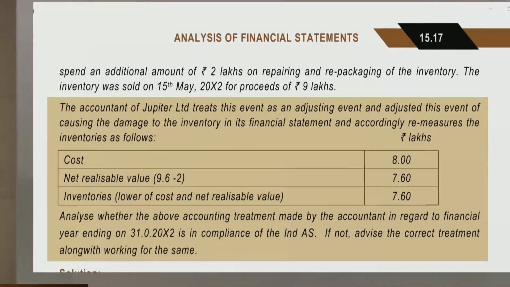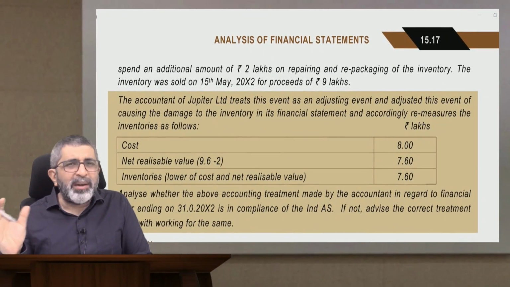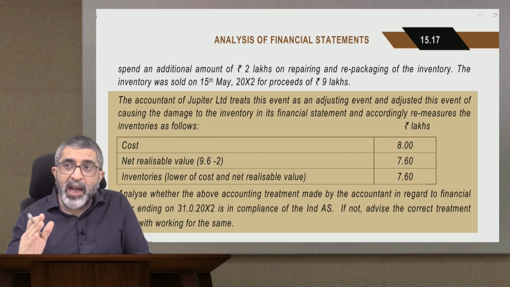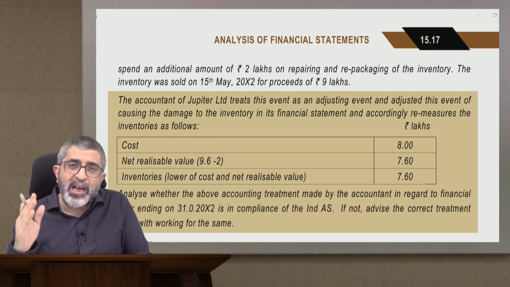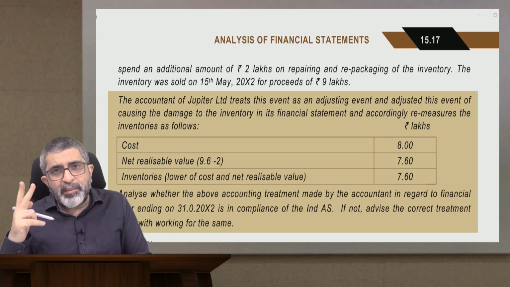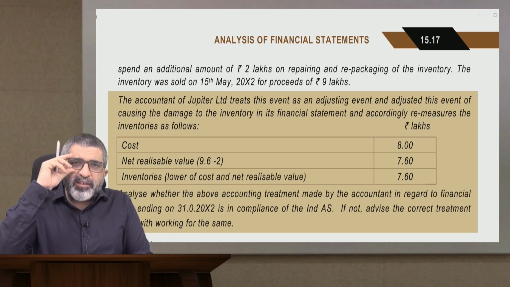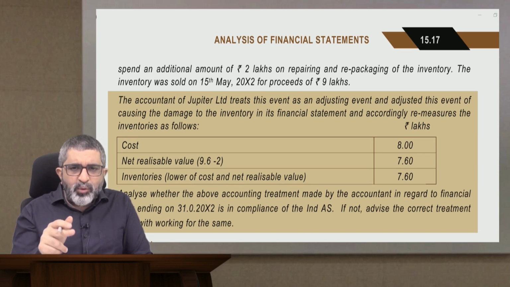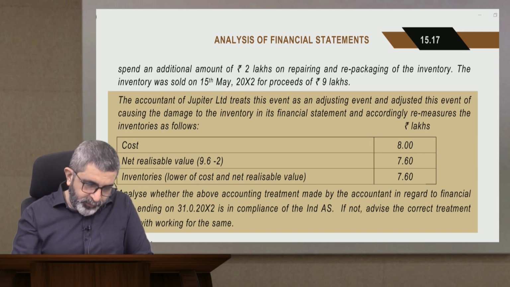So first of all, the standards which come into picture are the inventory standard and the standard on events occurring after the reporting period. Two standards are coming into picture. The point is, is the application made by the accountant appropriate or not?